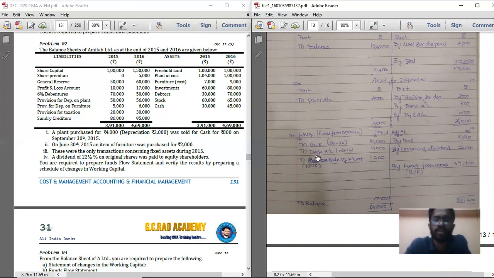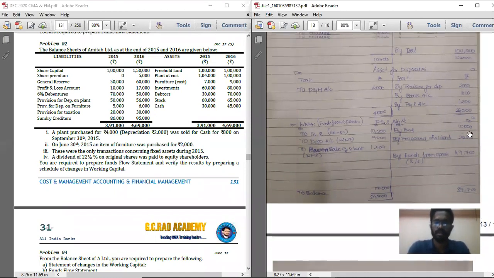So record on the debit side "To general reserve" (60 minus 50). In the amount column record 10,000, that has been transferred to general reserve.